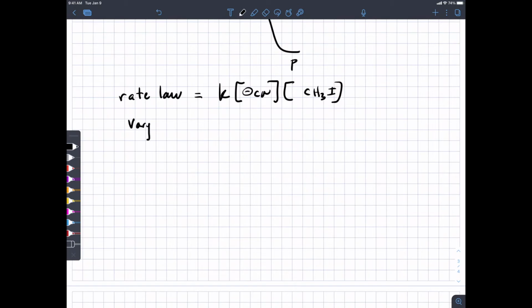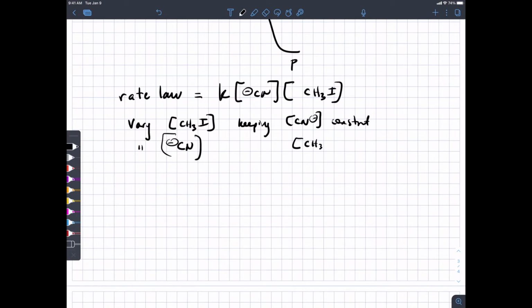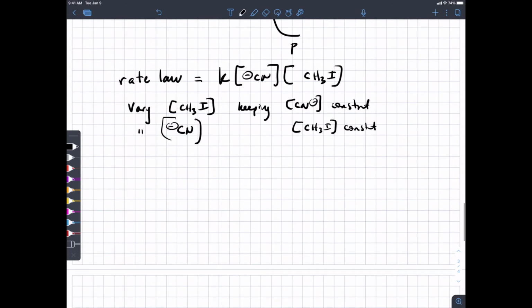Okay, so if that's our predicted rate law, let's do the same experiment. Let's vary the concentration of CH3I while keeping the concentration of CN minus constant. And then let's do the same with the concentration of CN minus whilst keeping the concentration of CH3I constant, just like we did above.